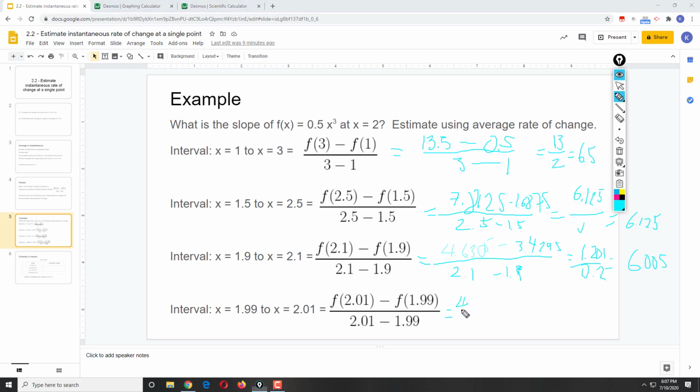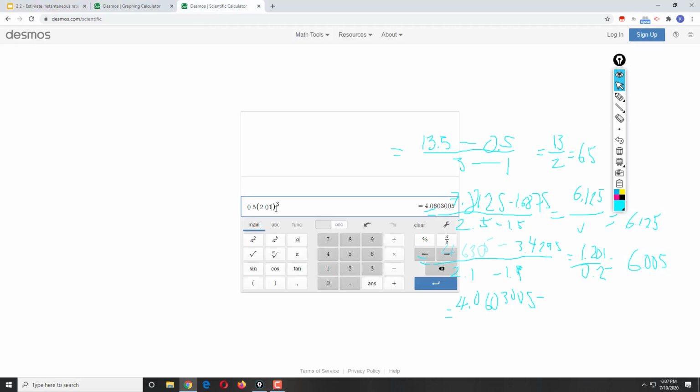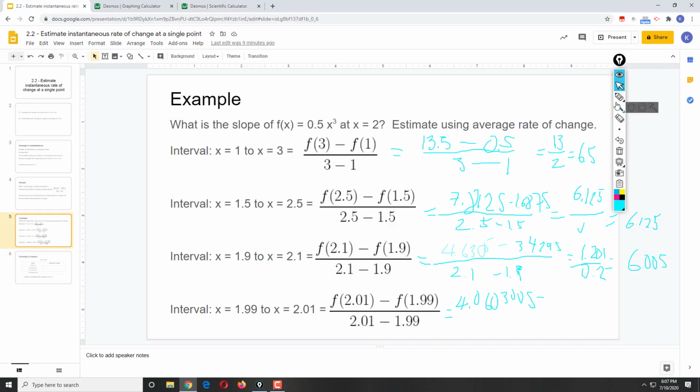Type that in here. 4.0603005 minus f of 1.99. That's 3.940299 5. Write that down. 3.940299 5.